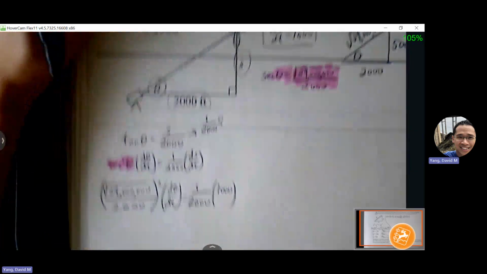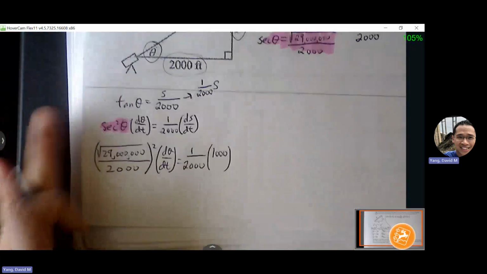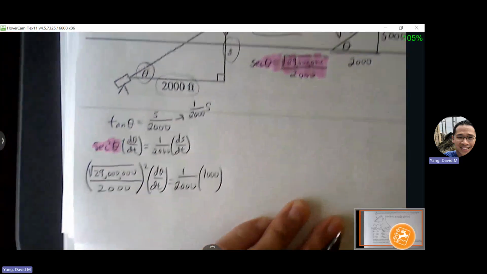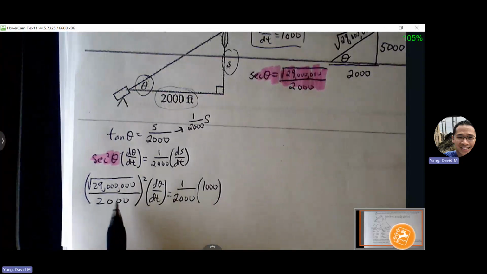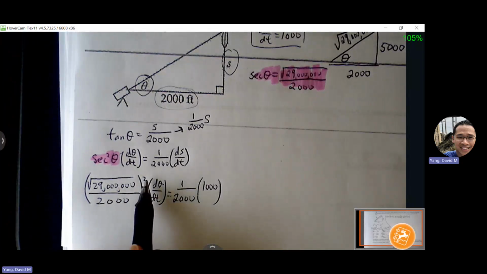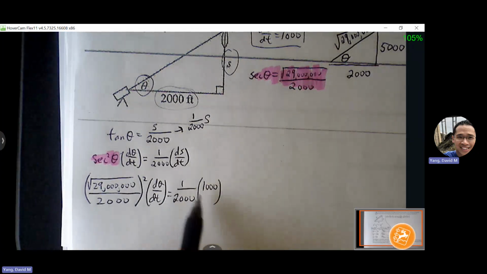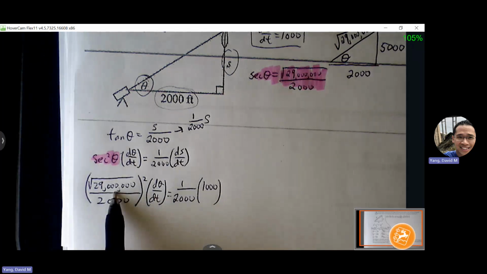It's a lot of messy numbers here, but it will clean up for us. Any questions so far? Okay, so I've replaced secant theta with this messy ratio. Make sure I'm squaring that. DSDT is 1,000. That cleans up to be just 1 over 2.